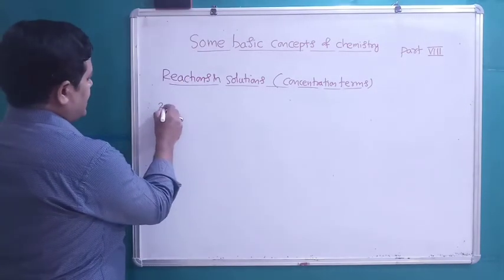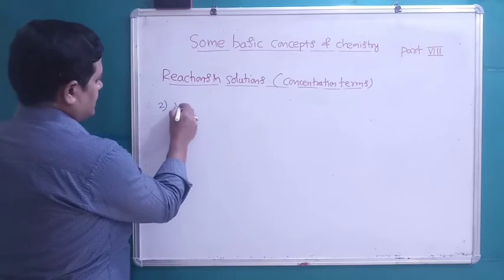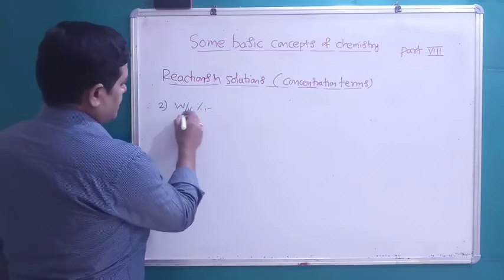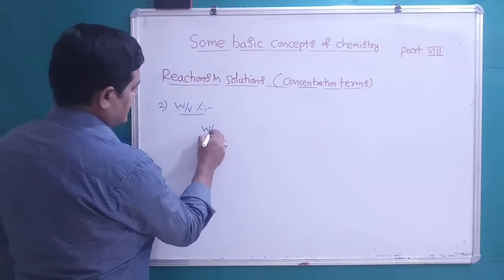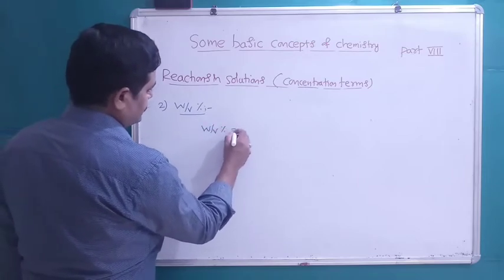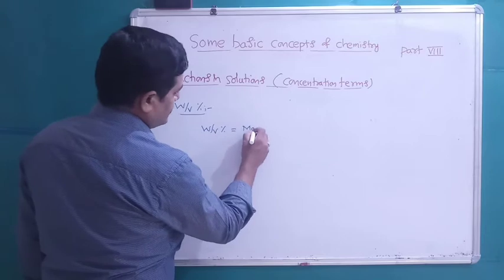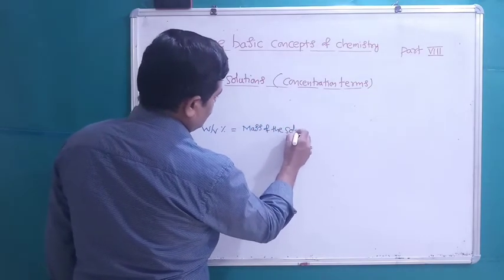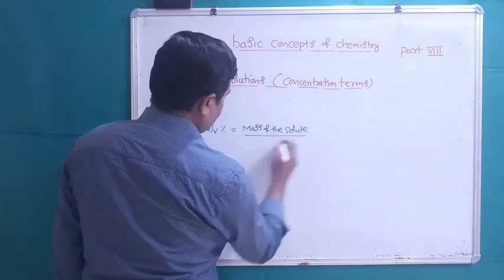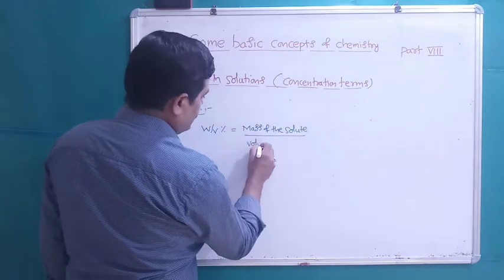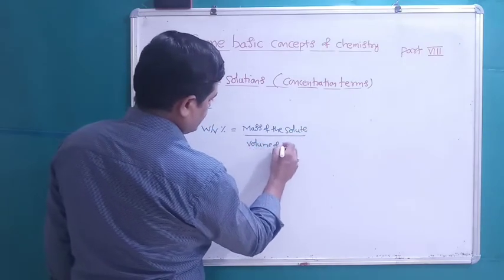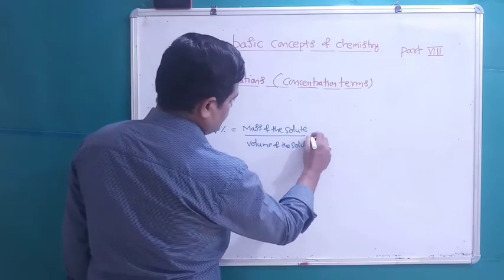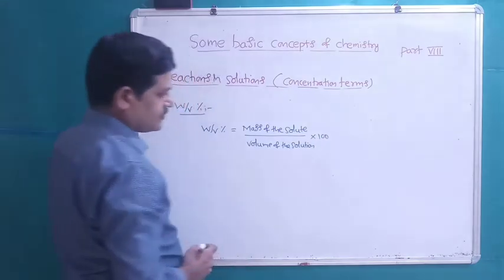Next concentration term is weight by volume percentage. Weight by volume percentage is equal to mass of the solute divided by volume of the solution into 100.